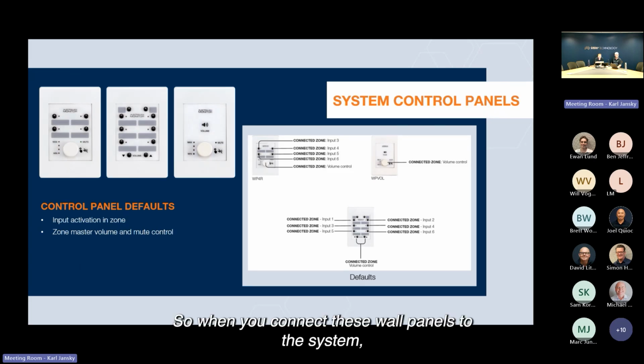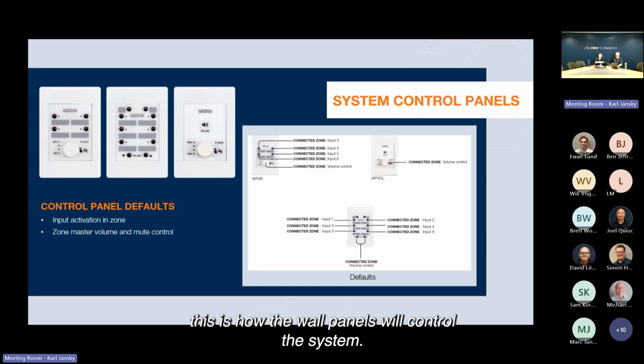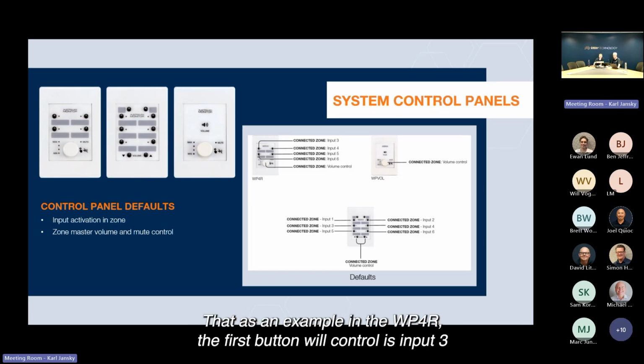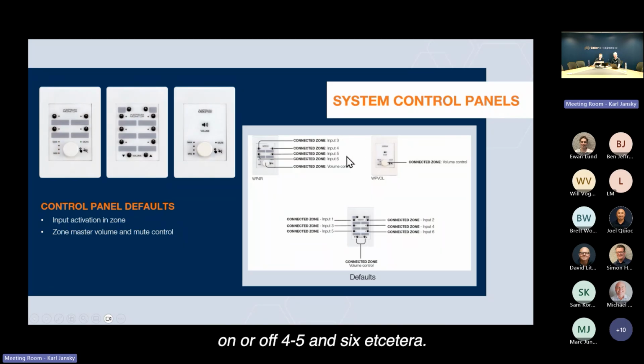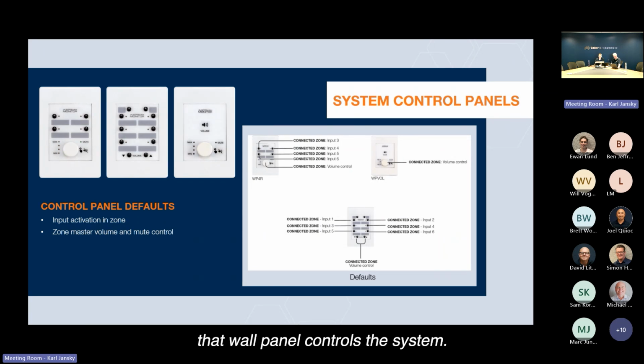So when you connect these wall panels to the system, this is the default of how the wall panels will control the system. As an example, in the WP4R, the first button will control is input 3 on or off, 4, 5, and 6, etc. So depending on the zone that you connect to, it's basically how that wall panel controls the system.